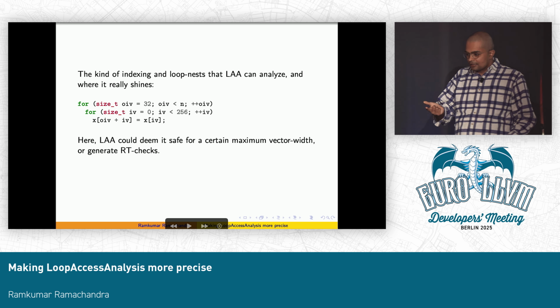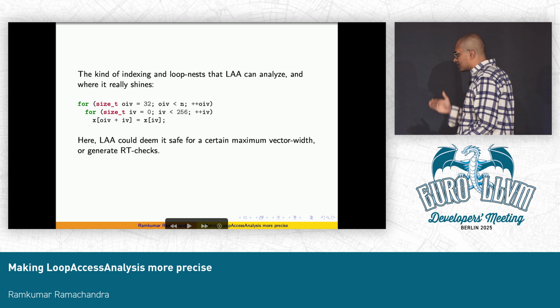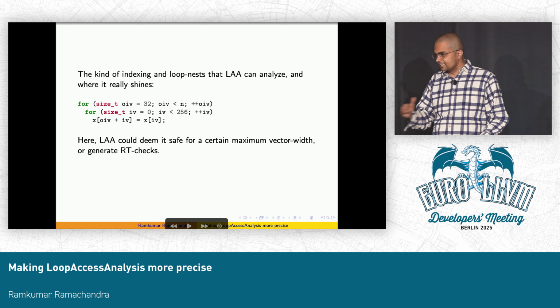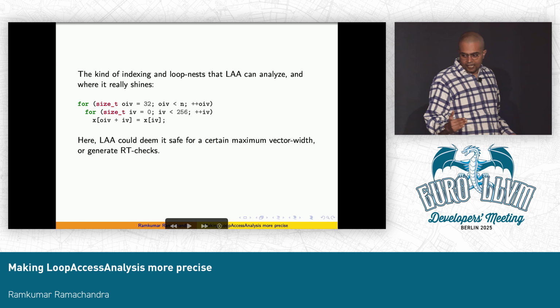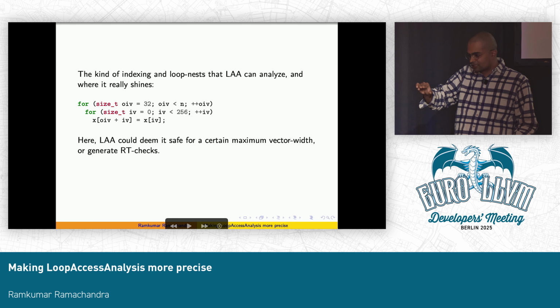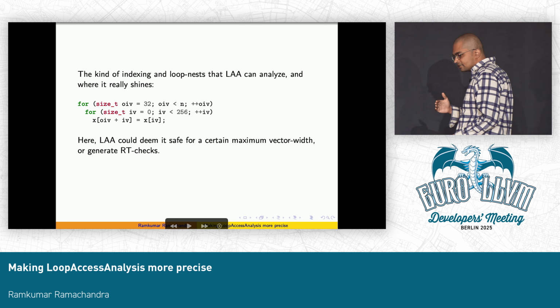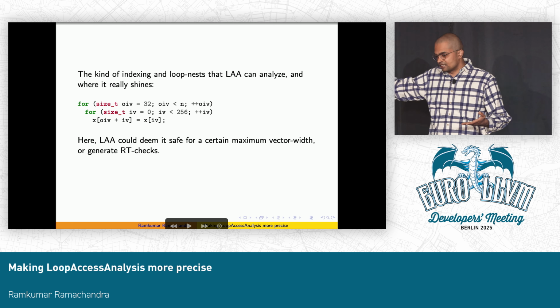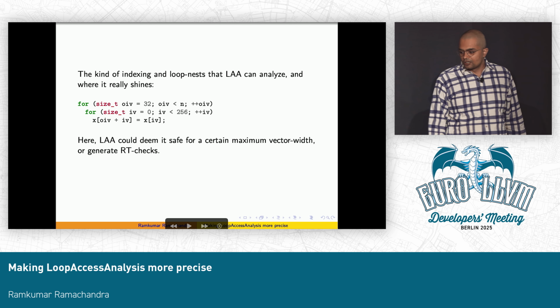It is aware of the vector width, so it can either generate runtime checks, or it can say that it is safe for a maximum vector width. I've cleverly put 32 as the start of the outer induction variable, so that it only goes to 33, 34, 35, 36, and then the inner loop only goes from 0 to 256.